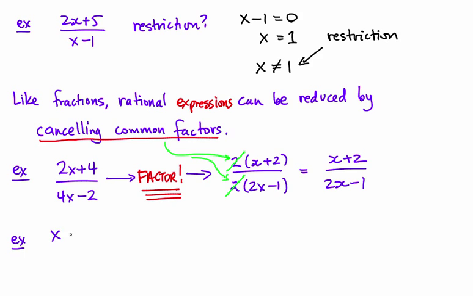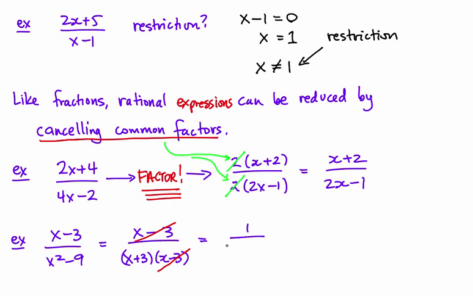The next one is x minus 3 over x squared minus 9. The numerator doesn't factor, but the denominator sure does. It's x plus 3 and x minus 3, and you can cancel out entire pieces of algebra. When you do that, on the numerator I have 1, and on the denominator I have x plus 3.